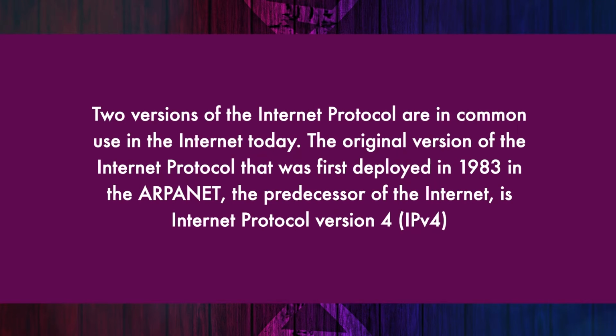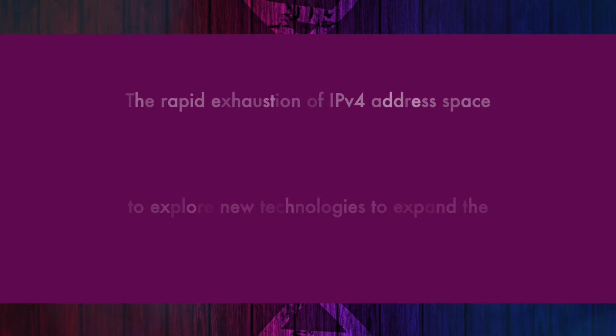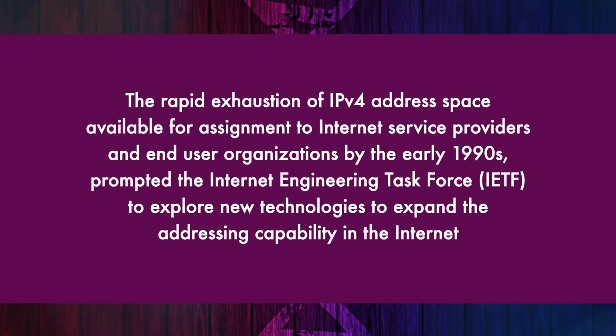Two versions of the Internet Protocol are in common use on the Internet today. The original version, first deployed in 1983 in the ARPANET, the predecessor of the Internet, is Internet Protocol version 4. The rapid exhaustion of IPv4 address space available for assignment to Internet service providers and end user organizations by the early 1990s prompted the Internet Engineering Task Force to explore new technologies to expand the addressing capability of the Internet.